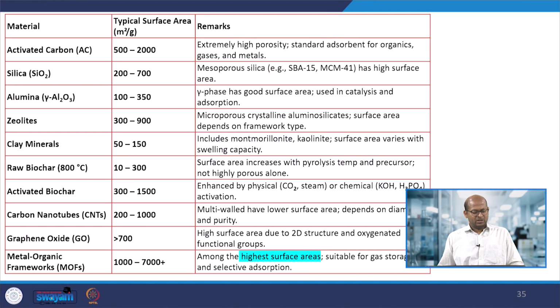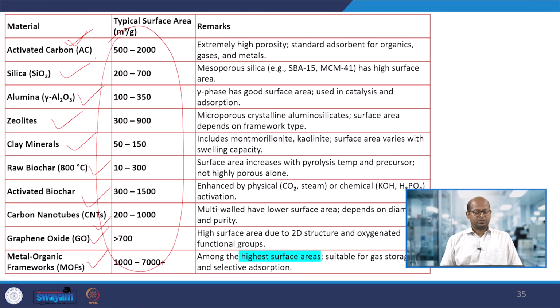Here a table is shown with different types of materials: activated carbon, silica, alumina, zeolites, clay, raw biochars, activated biochars, CNT, graphene oxides, MOF-type materials, that we can prepare by following a particular method of synthesis.